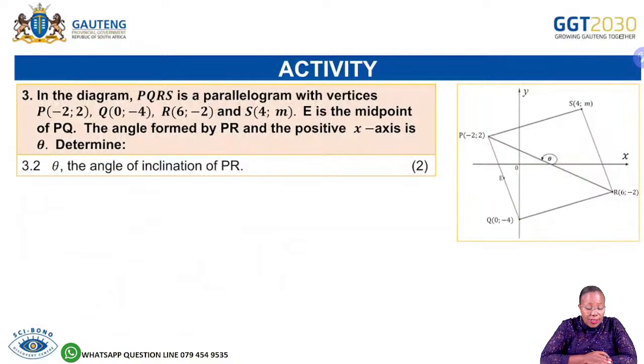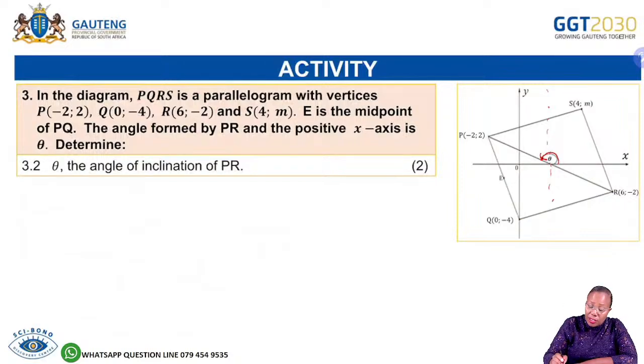3.2, determine theta, which is the angle of inclination. We have already discussed this, Grade 12, that if you look at that inclination angle, it is automatically greater than 90 degrees. Can you see that? That means it's the one that is having 180 minus. The gradient of the line is also negative.